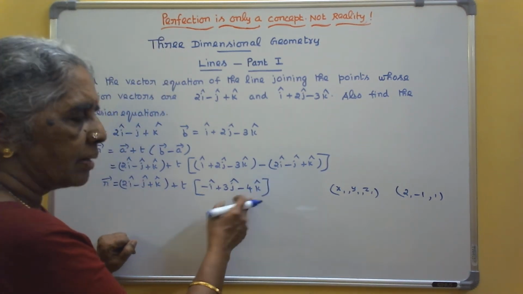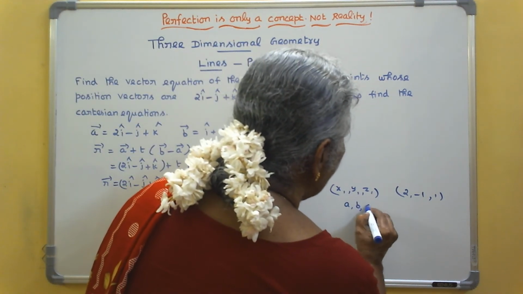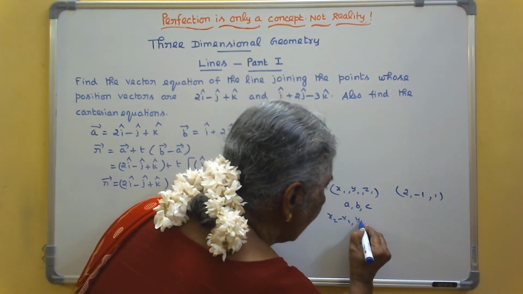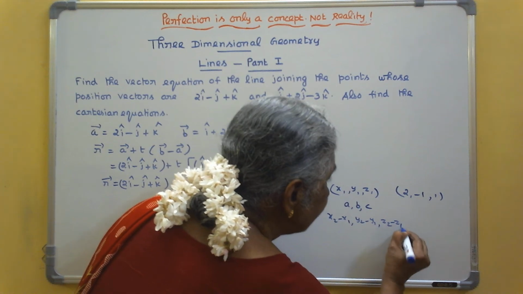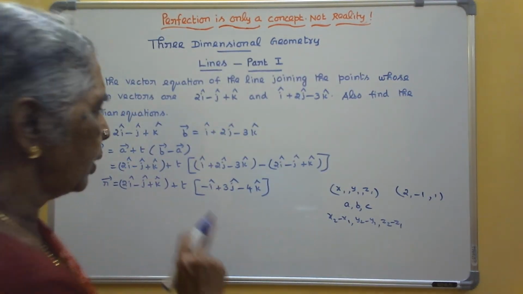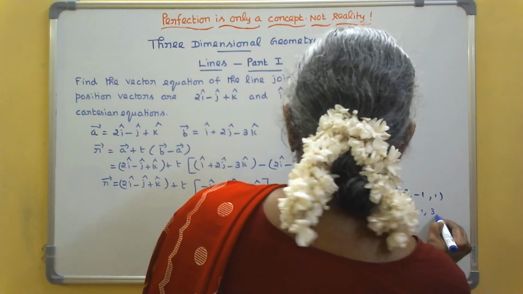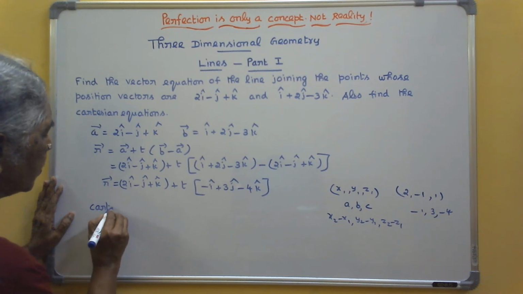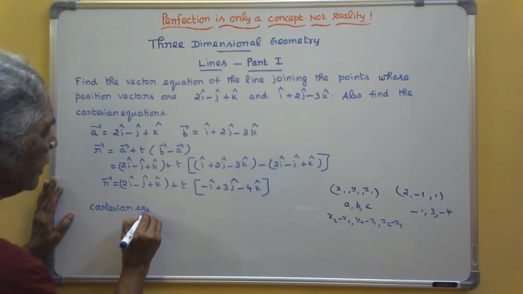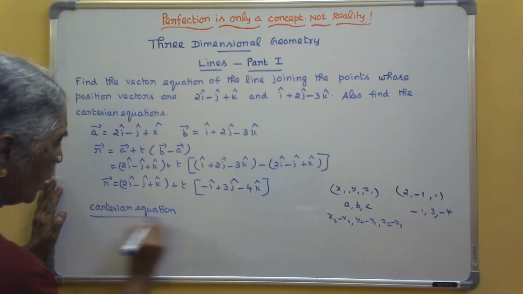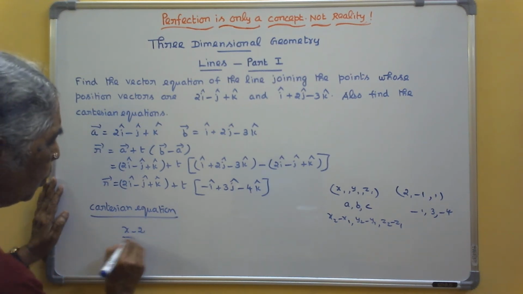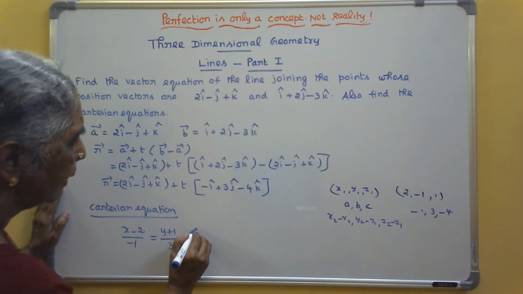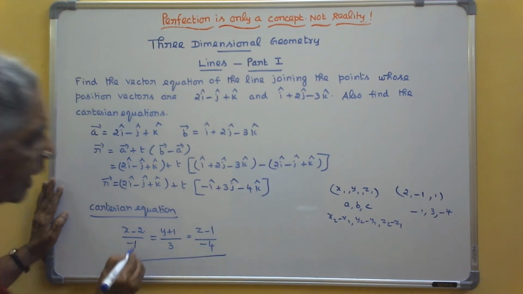I can straight away write this as a, b, c, which represents x2 minus x1, y2 minus y1, z2 minus z1 in this case. Okay. So that will be minus 1, 3 and minus 4. So the Cartesian equation will be (x minus 2) by minus 1, equal to (y plus 1) by 3, equal to (z minus 1) by minus 4, that's all.